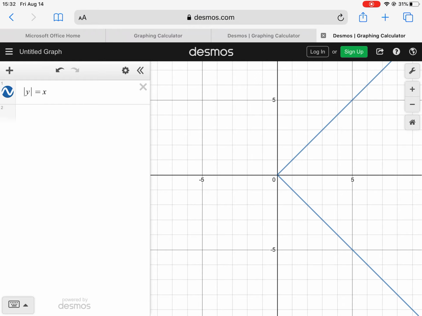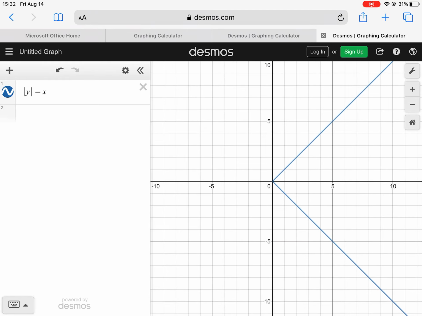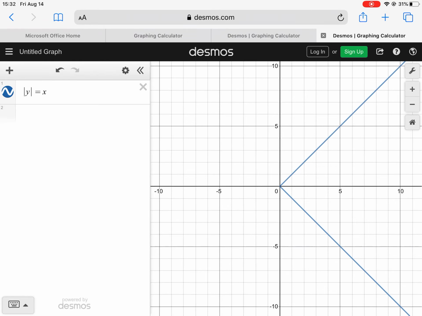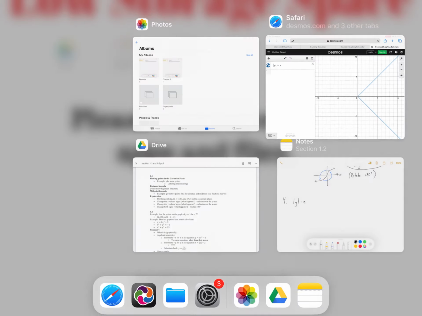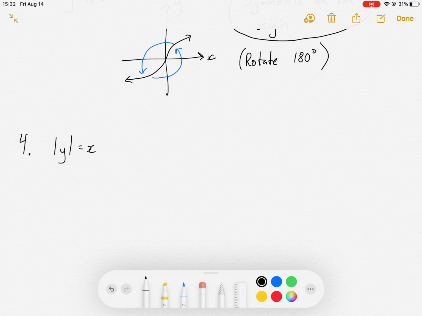So Desmos is nice because it can even graph equations that are not actually functions, whereas your graphing calculator cannot. So in this case, we see kind of a sideways V, I guess you could call it. So let's go ahead and graph this. This is the last one we'll do.